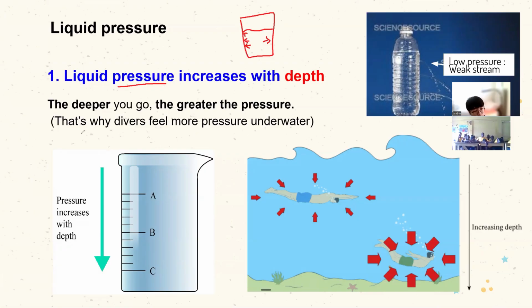So pressure is what the liquid acts. And this property is saying that liquid pressure increases with depth. So as we go deeper down in the cup, all the way down at the bottom, there is more pressure. So deeper means more pressure.